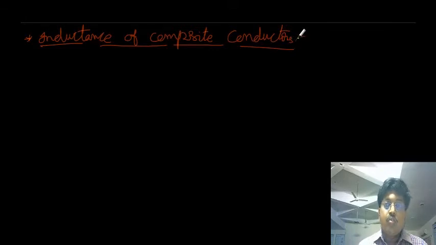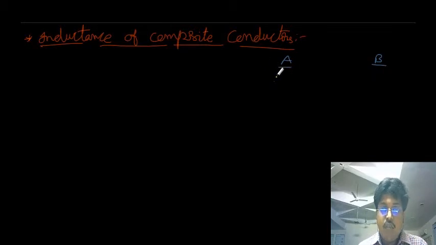Okay, inductance of composite conductors. For this I am assuming two conductors, conductor A and conductor B. Composite conductors means a conductor consisting of a larger number of subconductors. So let me take two composite conductors, A and B respectively.